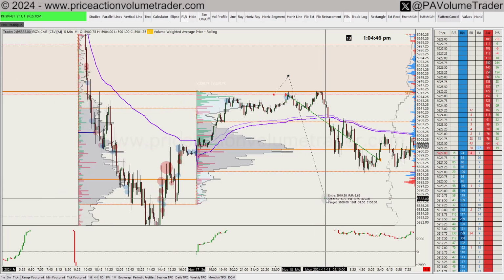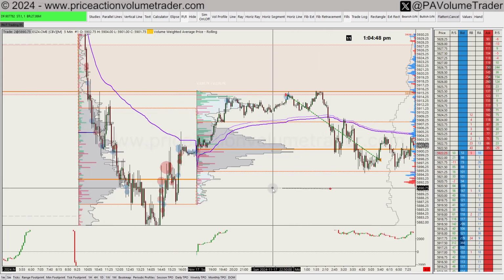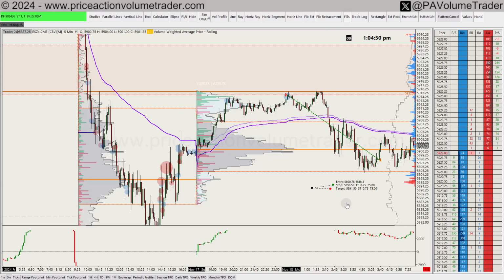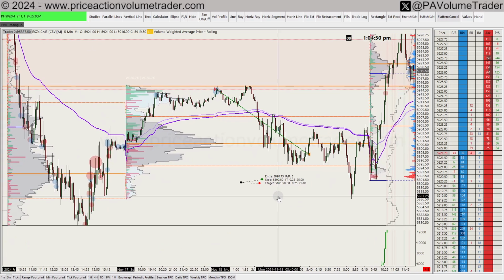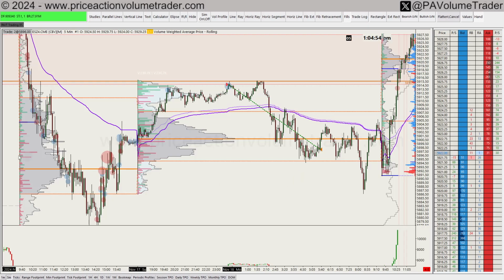And potentially, we could have even gone down, which is actually the exact low that we had, into the valley area low from Friday. So you can see the importance of the valley area high, low, and point of controls from previous sessions as well.